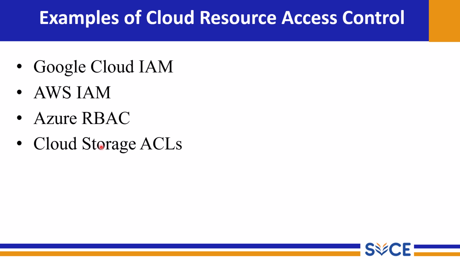The importance of access control for business is that it provides enhanced security, compliance, operational efficiency, scalability, access records, and remote access control. So these things we have discussed already.